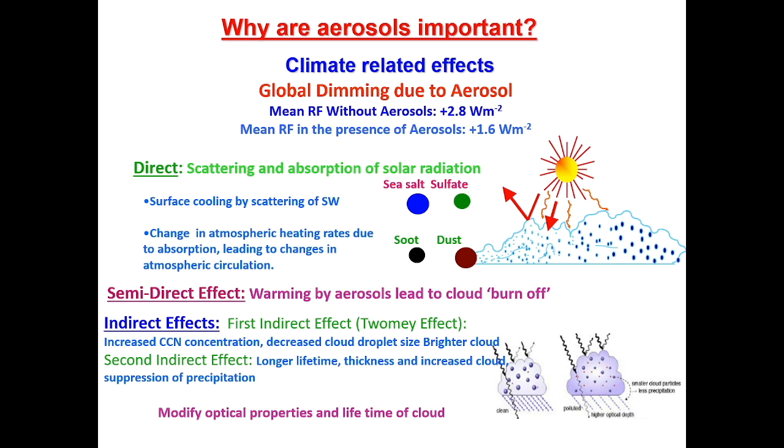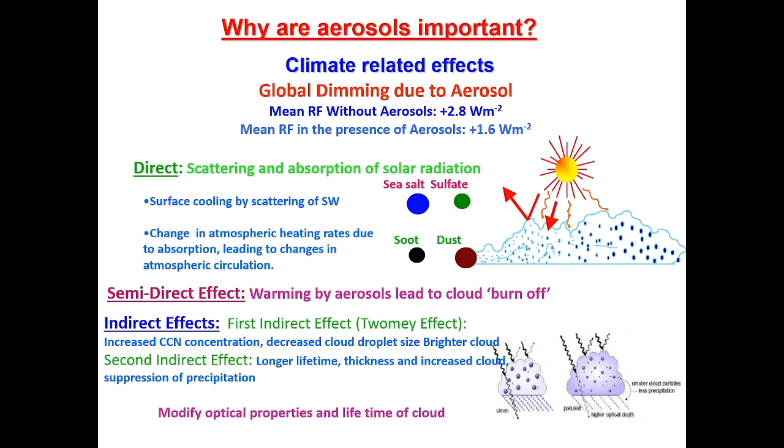We'll see what radiative forcing is in the coming slides. So they change the mean radiative forcing of the atmosphere, reducing it by around 2.8 watt per meter square, as we'll see later.